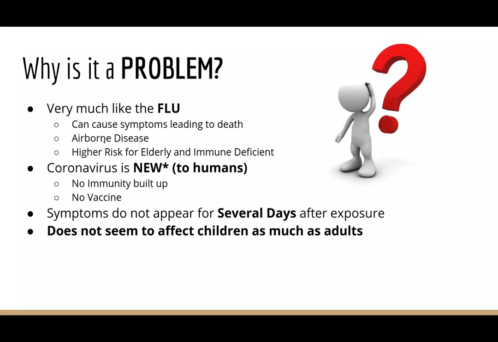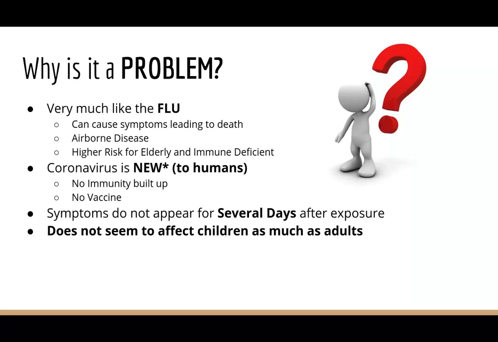Being an airborne disease makes it very, very easily spread. And in combination with this virus being new, and I say new to humans because this virus was affecting different animals and made the jump to affecting humans recently, that's why we saw the outbreak in Wuhan, China. We don't have an immunity built up as humans.